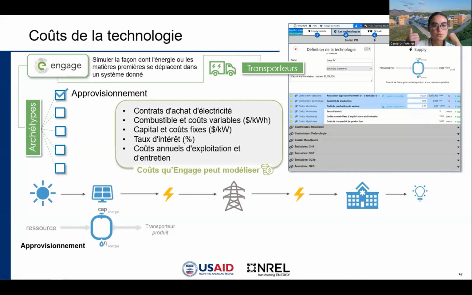So now we just have the resource, the production capacity, and the variable cost of the PPA.